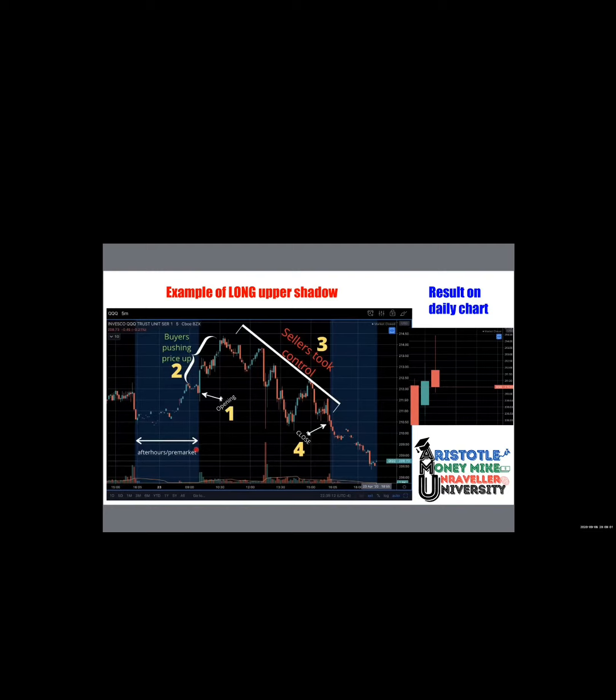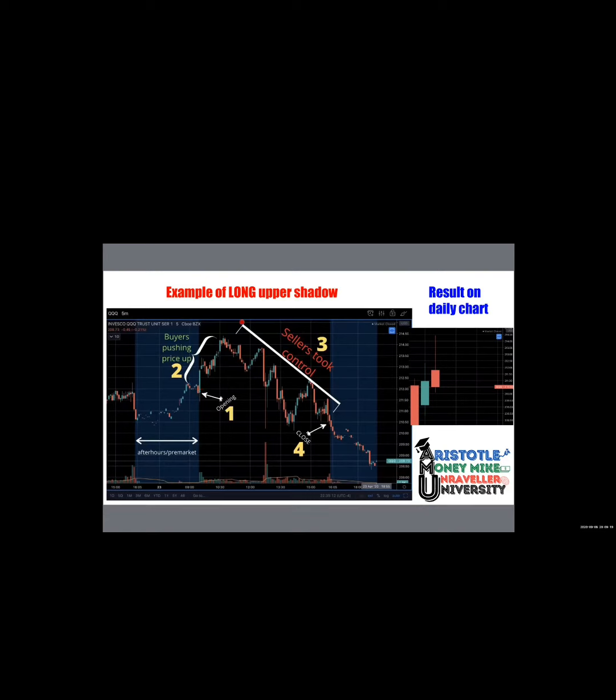Right here is after hours and pre-market. I am on the TradingView app, and I'm looking at QQQ. This is pre-market, and this is after hours. So it would have opened here, and then buyers pushed the price up. And then sellers took control, and then it closed here.